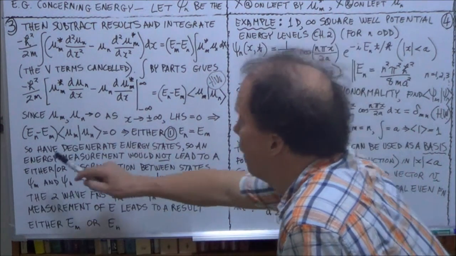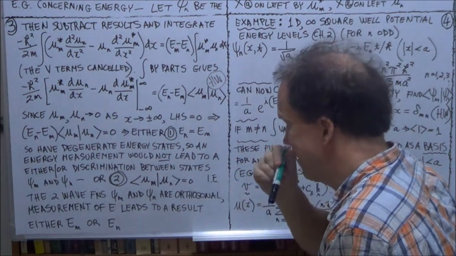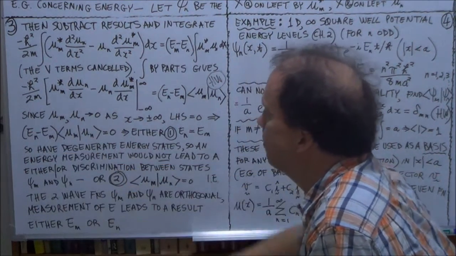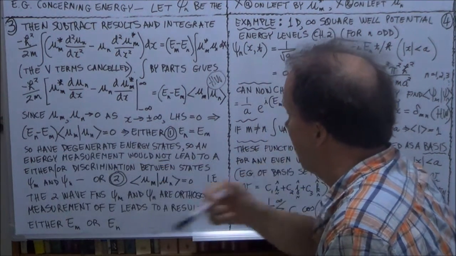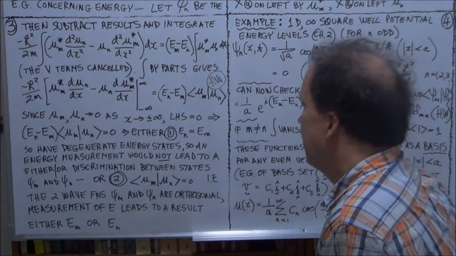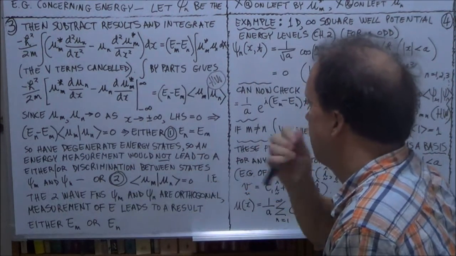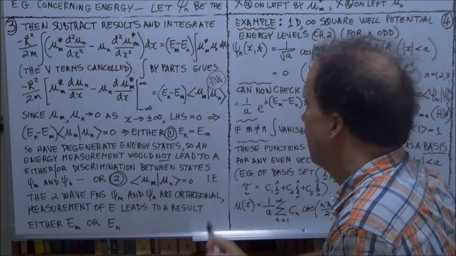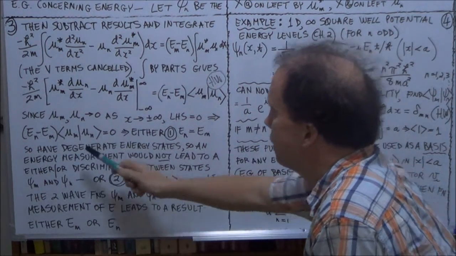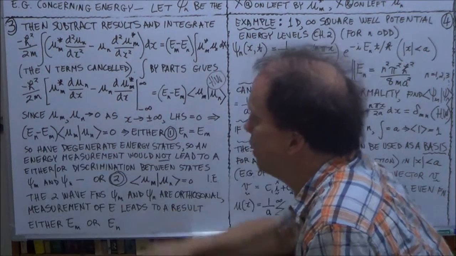So either your quantum system is degenerate, where these two energies are the same but you have two different wave functions. That means if that's the case, you could perform a measurement, and you wouldn't be able to distinguish between these two states because they give you the same energy.